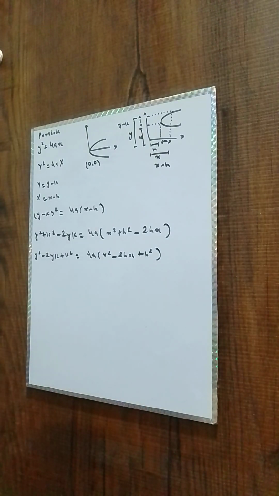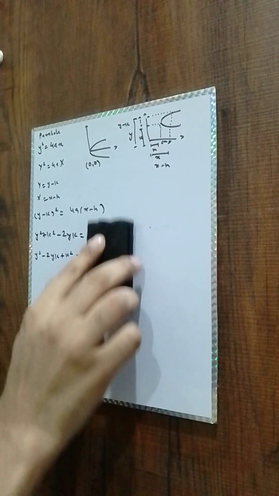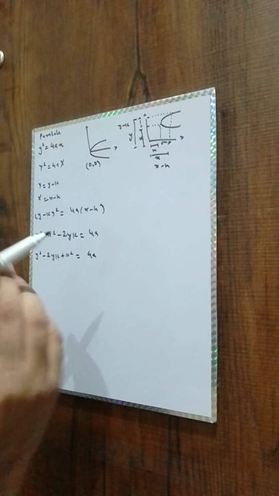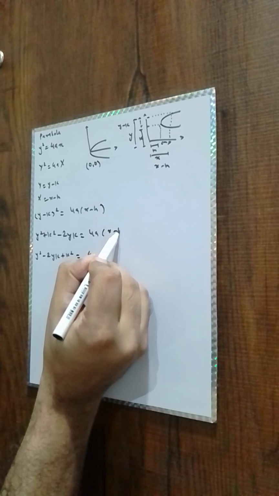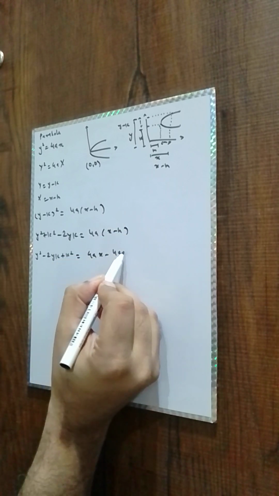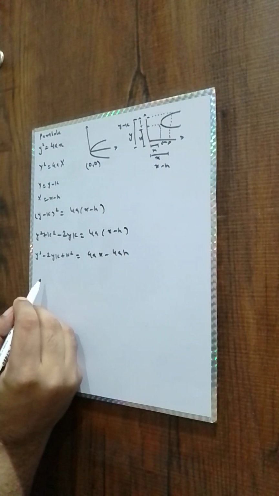Sorry, there's a mistake here. So we have to make a major correction here. The problem here is that we don't have a square on the right side. So this is x minus h, and this is 4ax minus 4ah. Okay, so it's pretty simple.